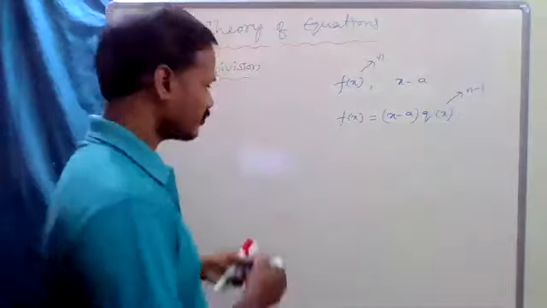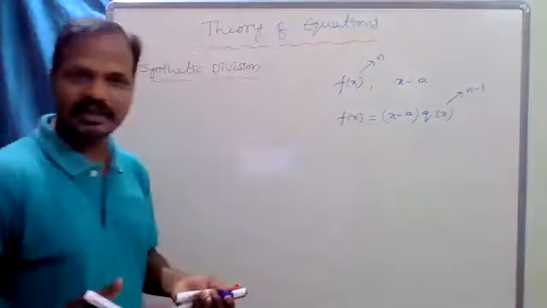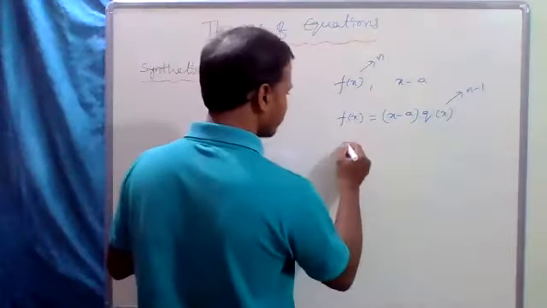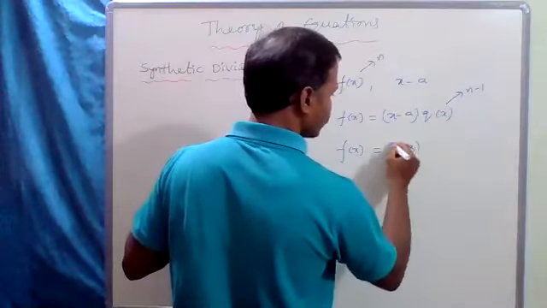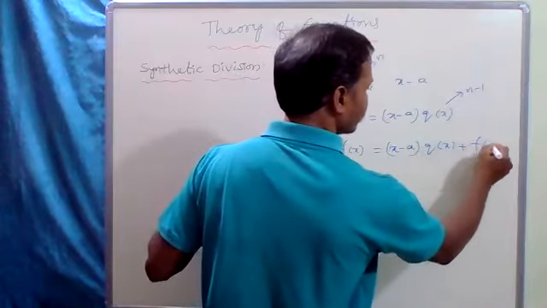Now, for any polynomial in general, if x minus a may not be a factor, then f of x can be written as x minus a into q of x plus f of a.